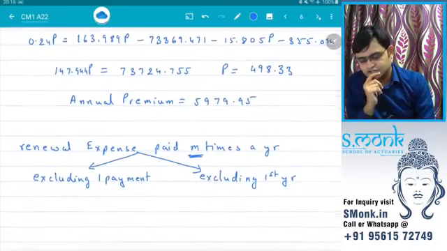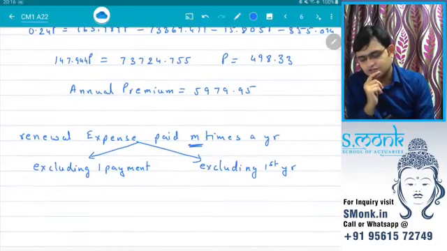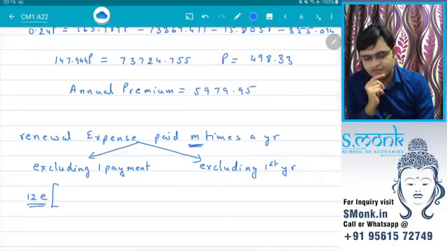In such cases, let's say 12 times a year expenses, I will have 12 expense, I will write it as E. Okay, 12E, that becomes the annual expense.